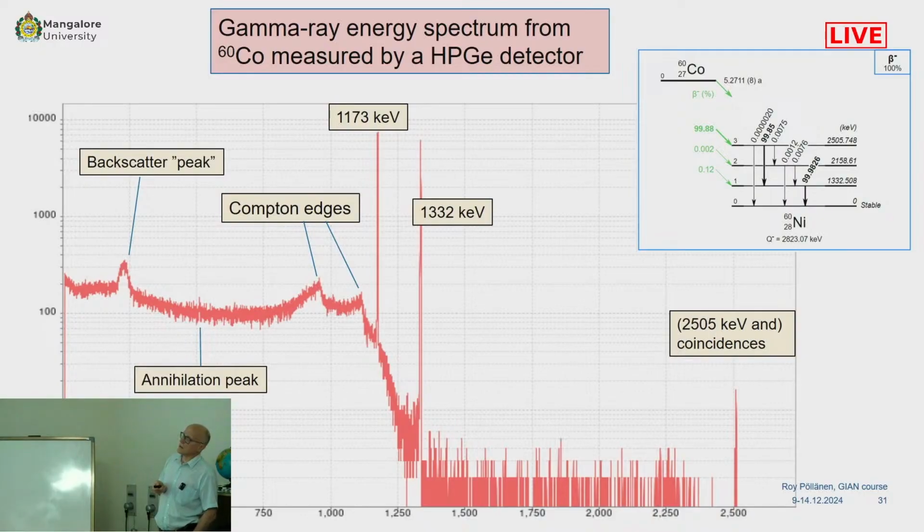Okay, this is cobalt-60, a very typical radionuclide in gamma ray laboratories. It mainly emits these two gammas here. Energies are shown here. The Compton edge of this peak is located here, and from this peak it's located here.